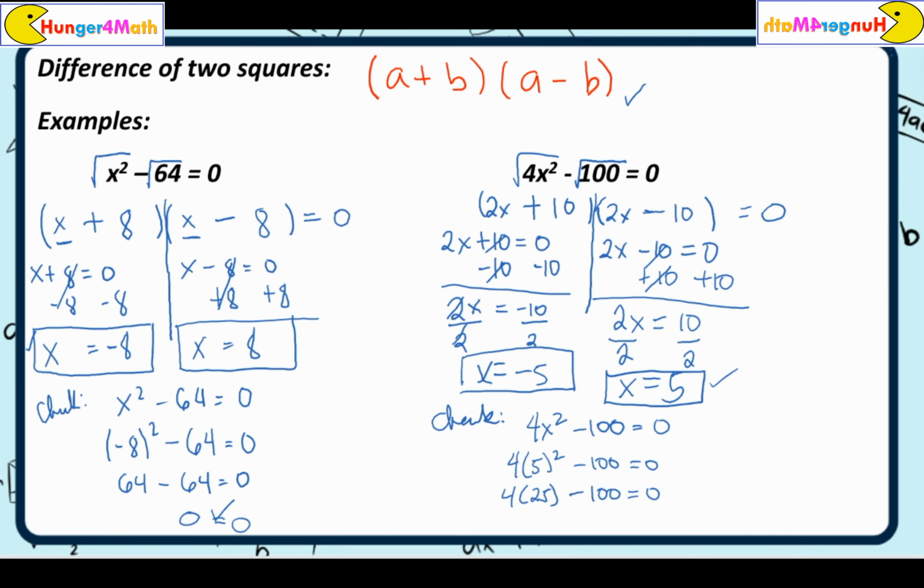And 4 times 25 is 100, minus 100 is equal to 0. So that is 0 is equal to 0. So we are correct. Even if you use negative 5, it gives you the same answer, 0 is equal to 0. So our answer is negative 5 and positive 5.